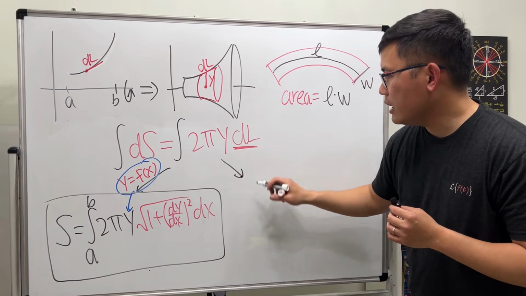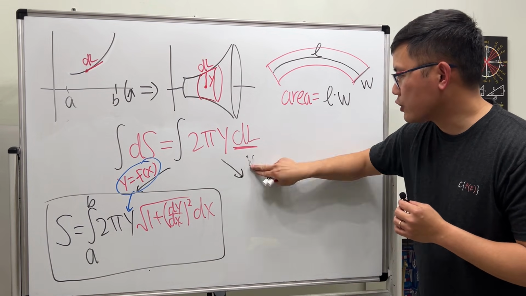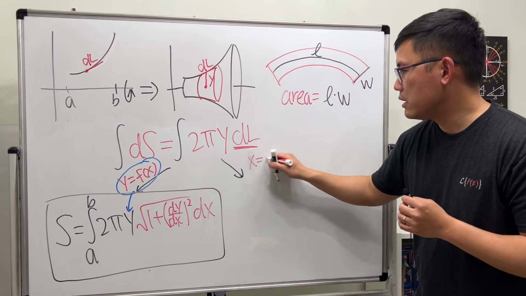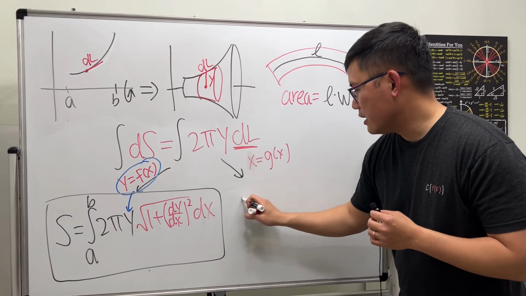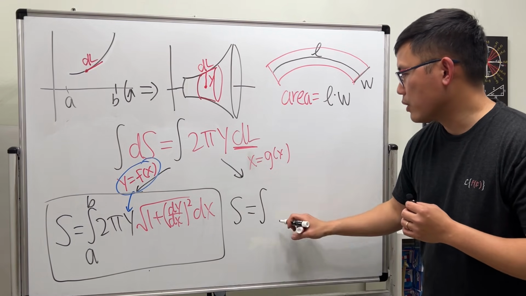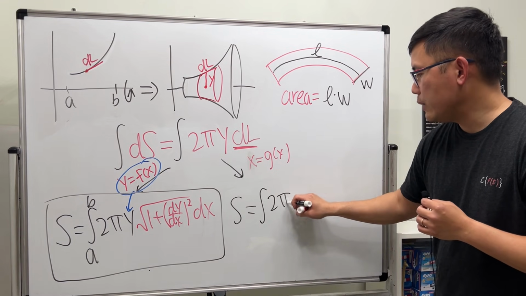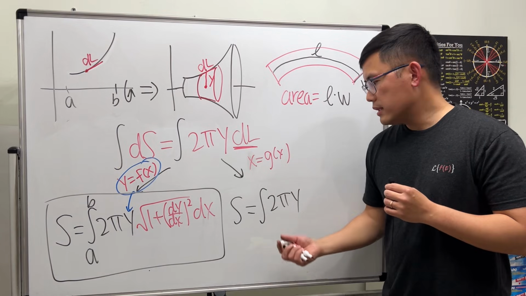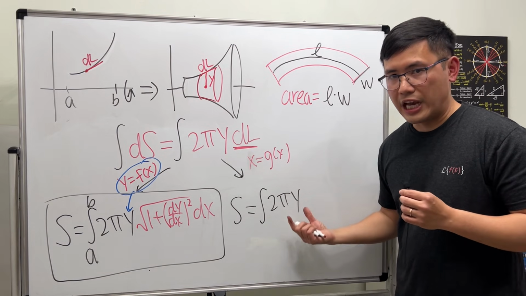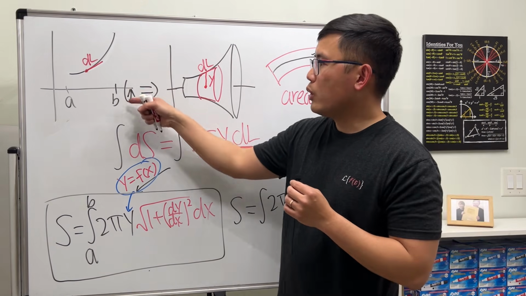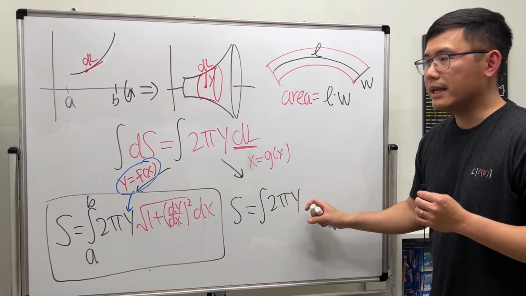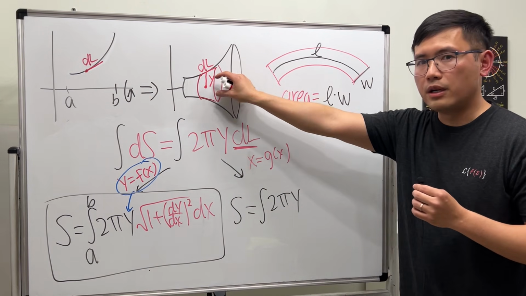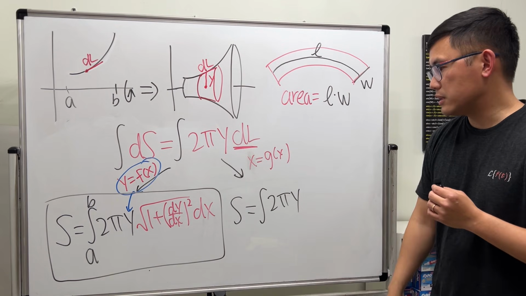Now, if we have x as a function of y, well, pretty much the same idea. Surface area equals the integral, and we have 2 pi y. Notice the 2 pi y stays the same. Whenever you rotate about the x-axis, y is the vertical distance. That will be the radius that we are going to use.